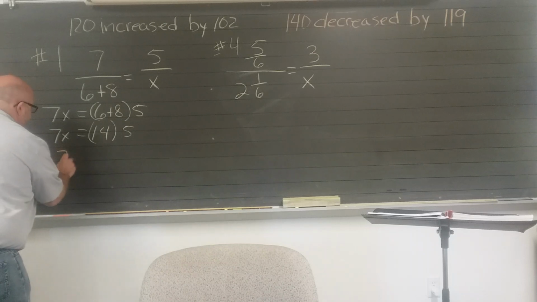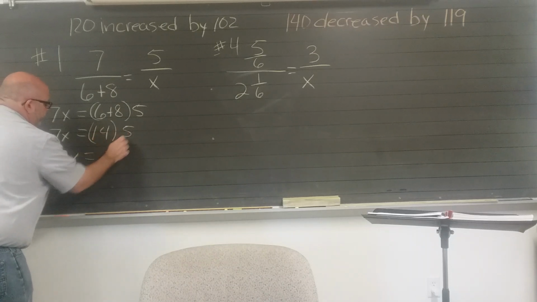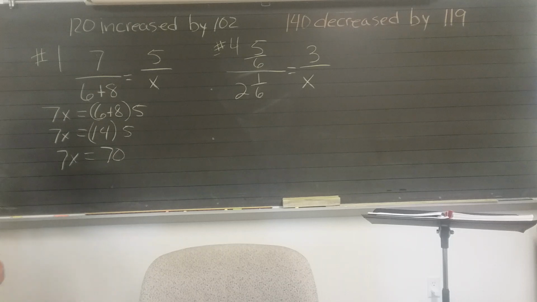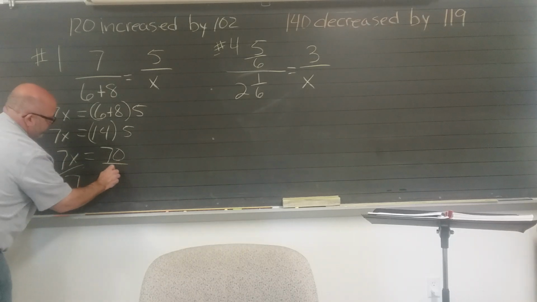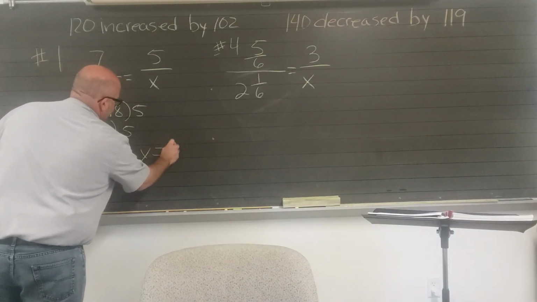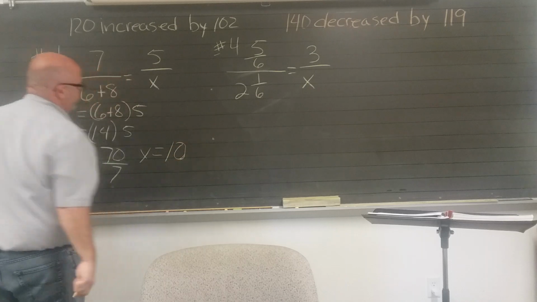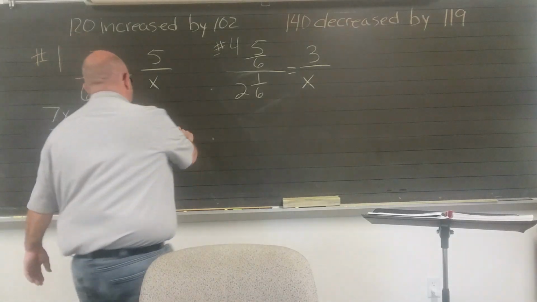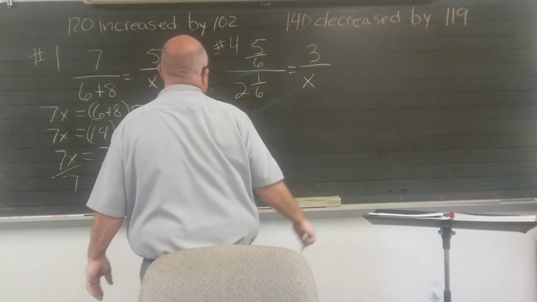So we have 7x equals 70. Divide those both by 7, right? 70 divided by 7, x equals 10. So check that one out. The answer for number 1 is 10.